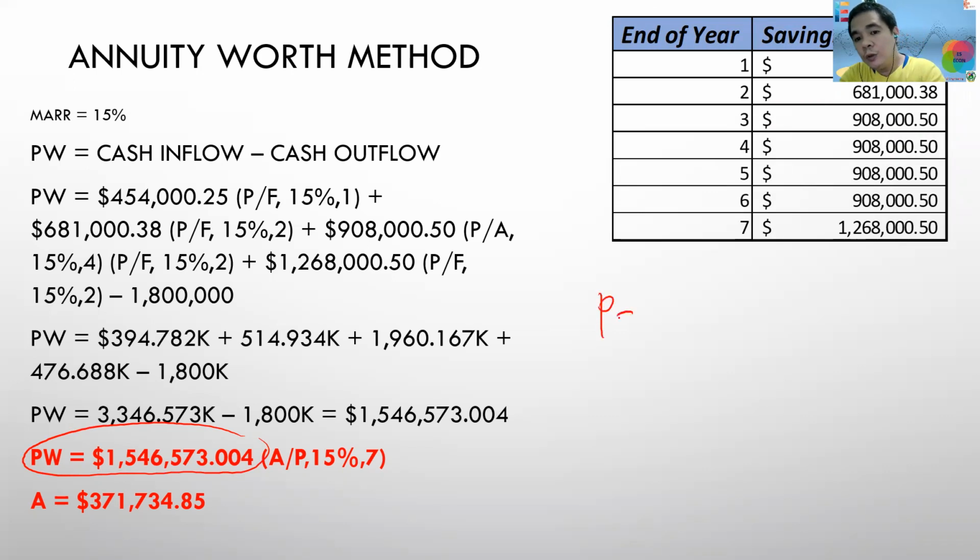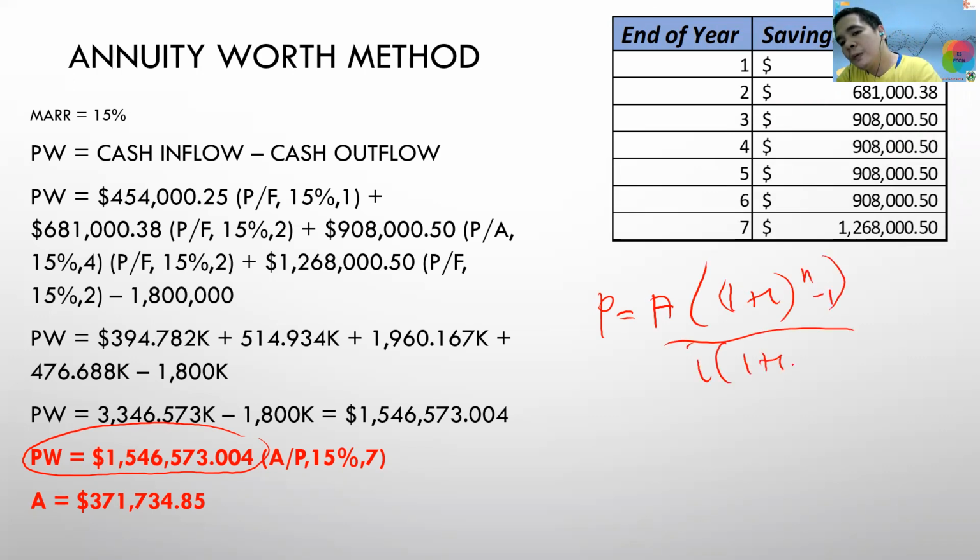We know that the present worth formula for an annuity is given by the equation P is equal to A multiplied by (1 plus i to the exponent n minus 1) over i times (1 plus i) to the exponent of n.